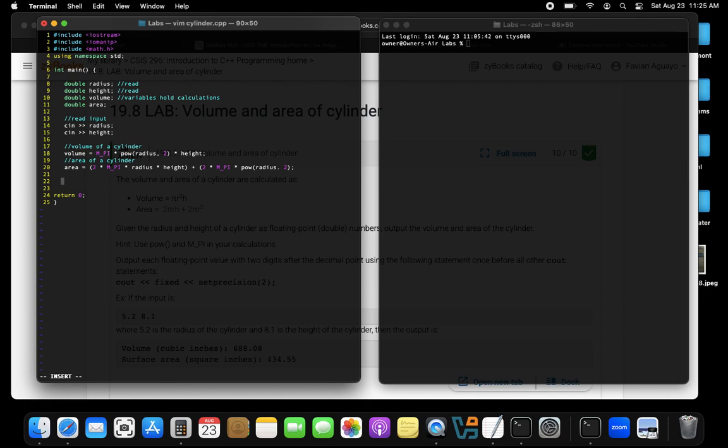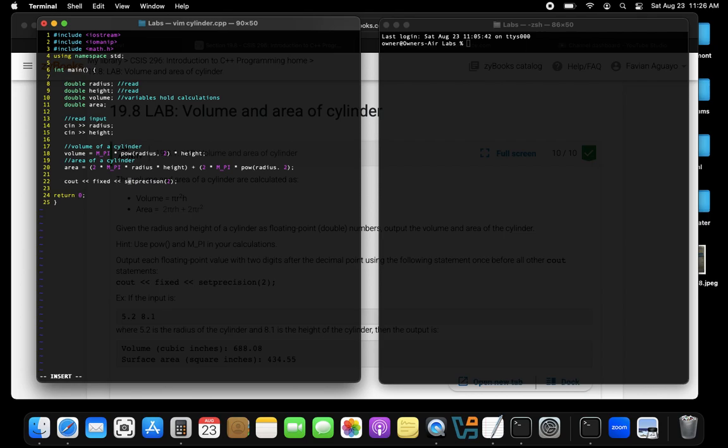Now we've got our cout statements. Now we want to print. Alright, so first we're going to do cout, set precision 2. And then we're going to close that. Oh, forgot something. cout, fixed.